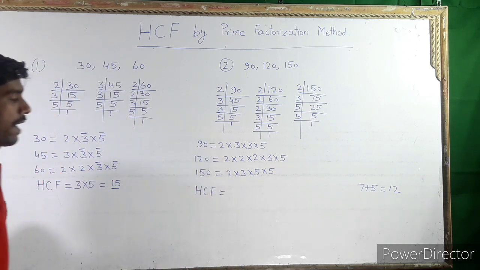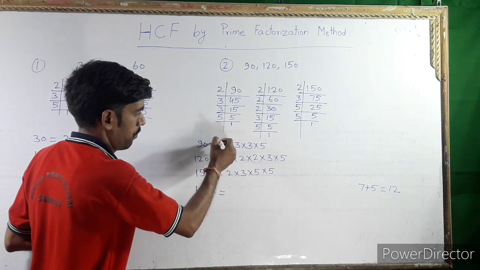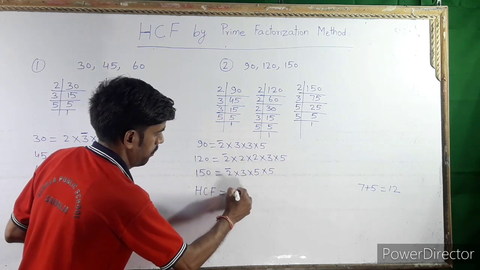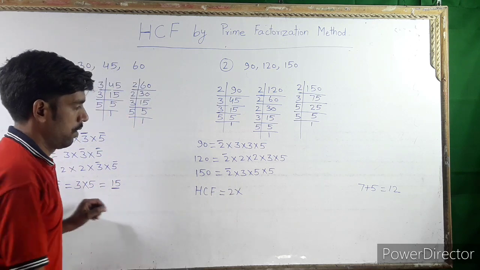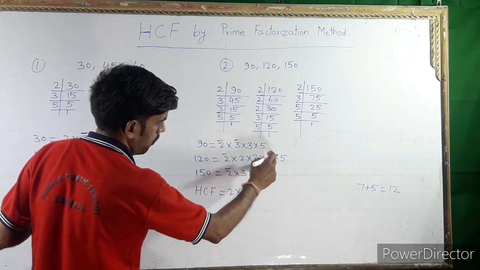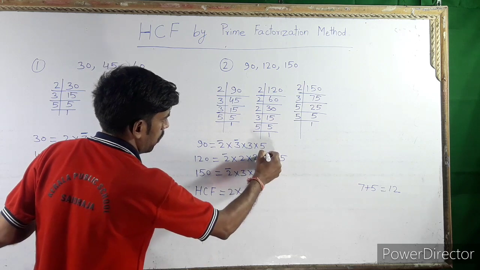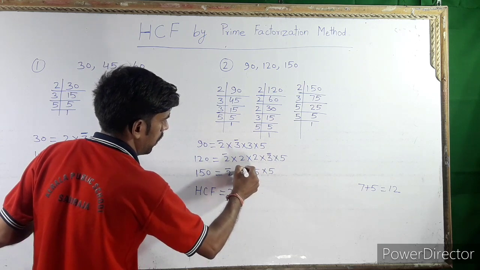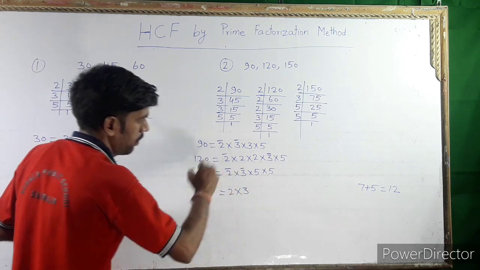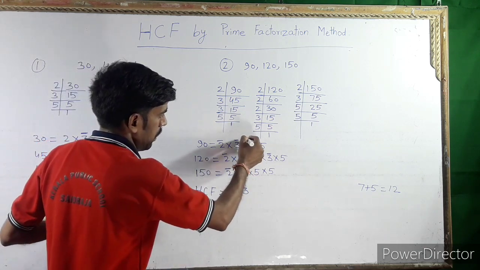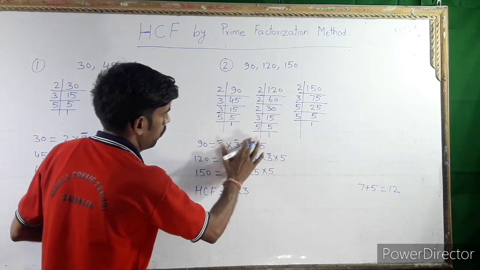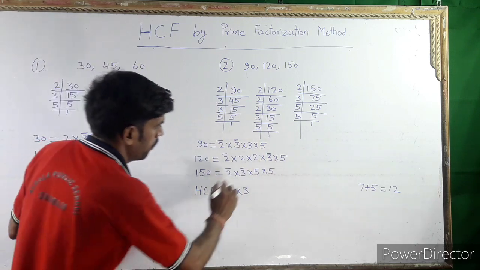Now take common factors. 2 is common to all. Second, 3 is also included in all the numbers. So take 3. Now the next 3 is not included in all the numbers, so not taken.